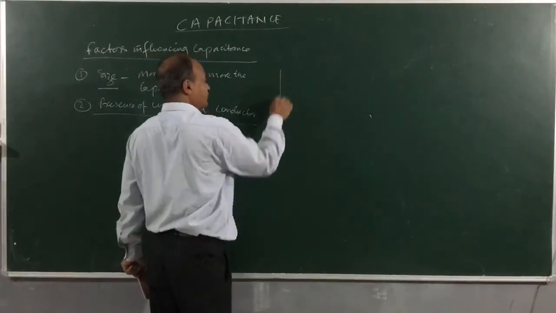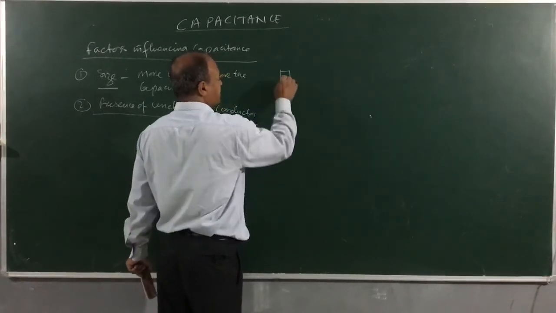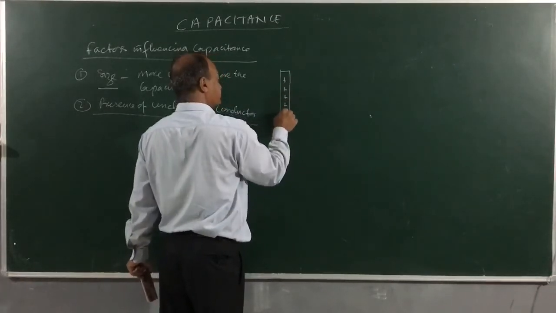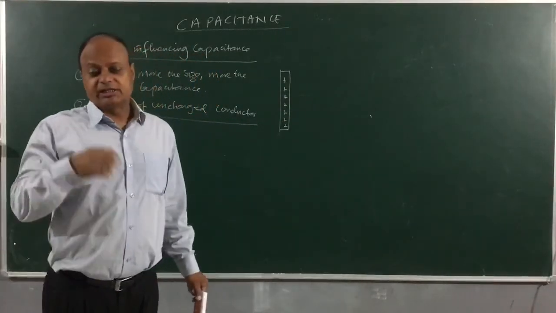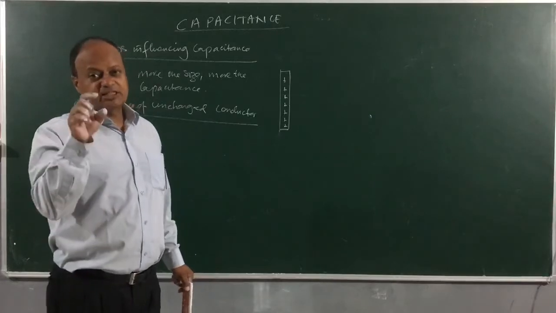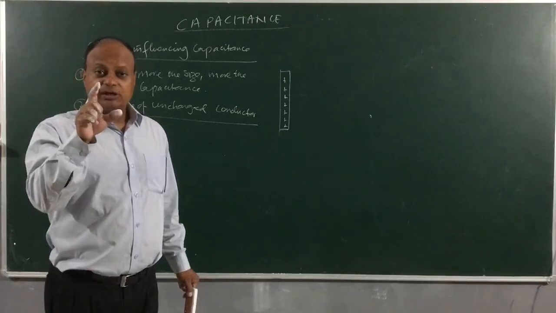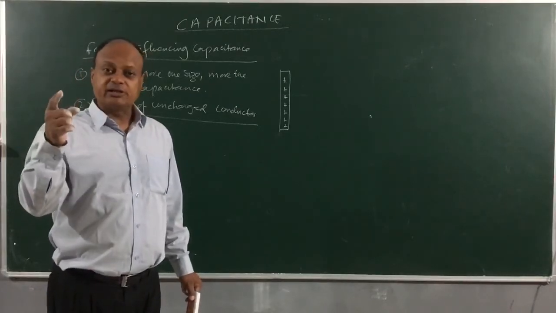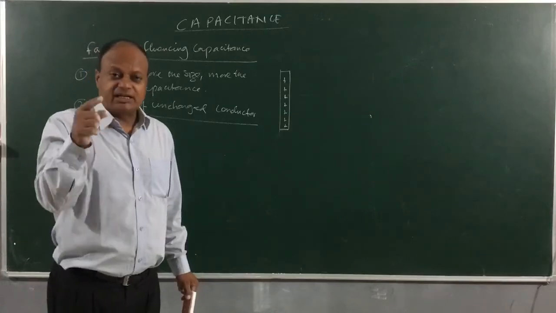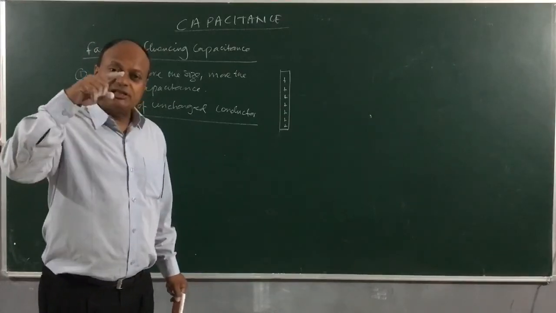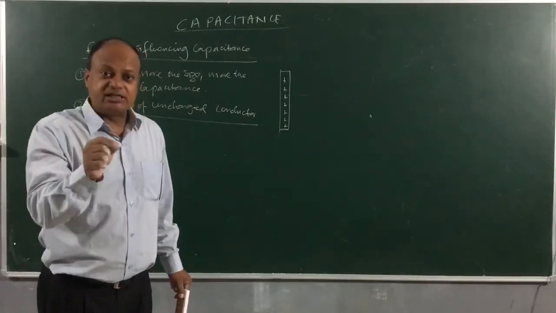We have a conductor out here, and I am charging this conductor, and I am finding that as I charge the conductor, the repulsion among charges increases, potential increases, and therefore I cannot charge beyond a certain point. Hence, capacitance decreases. So we can say like this, that because potential is rising, I am not able to charge more. If I could reduce the potential, what I could do?